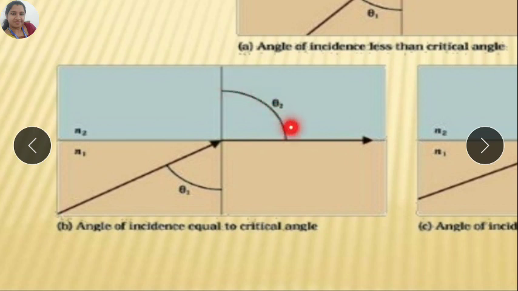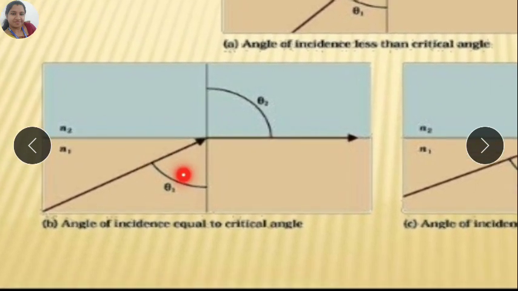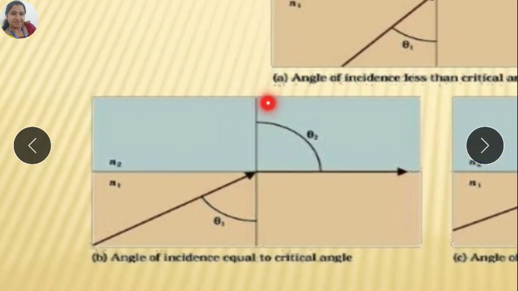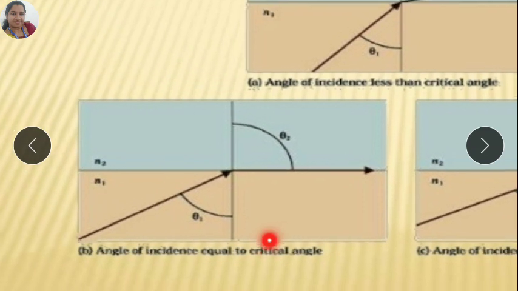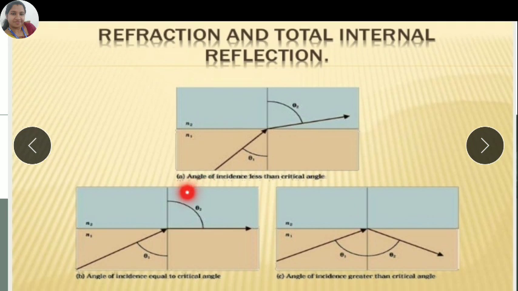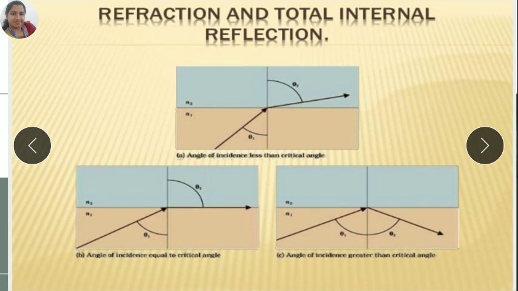Angle of refraction of 90 degrees means the angle of refraction is maximum. So the critical angle is the particular angle of incidence at which the angle of refraction is maximum.